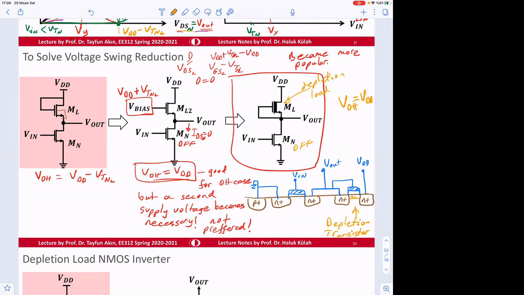Why? Just by looking at this, I mean, we have a resistance between this point and this point. That N minus line gives you resistance. So here the current is zero. So if the current is zero and there is a resistance there, the voltage drop across that is going to be 0 volt, and then V out becomes VDD.